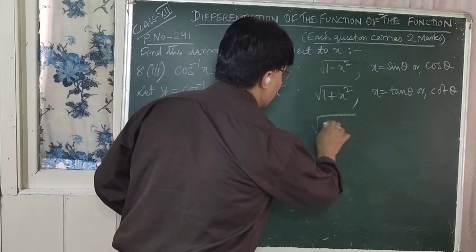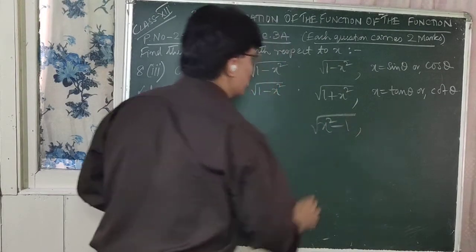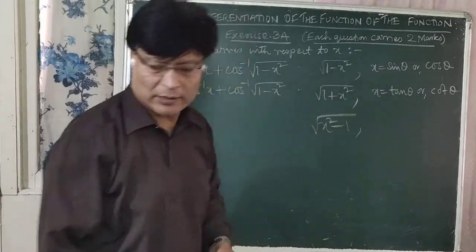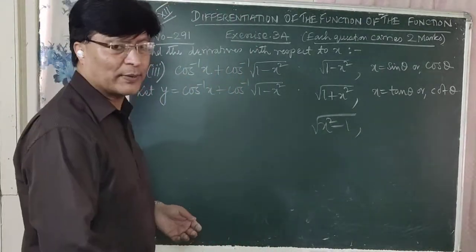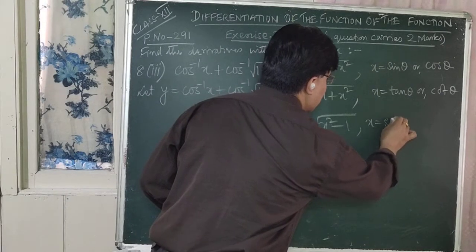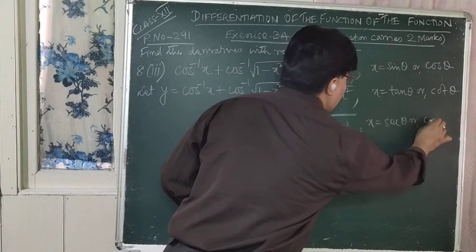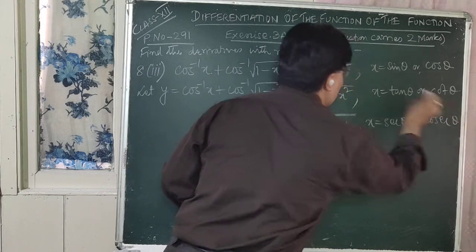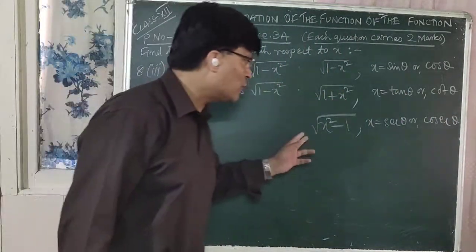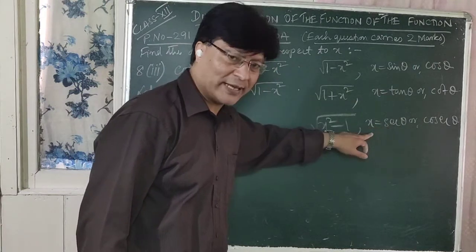You might have this expression also, x square minus 1. So what should be the trigonometric substitution here if it is root under x square minus 1? Either you can put x is equal to sec theta or you can put cosec theta. Why are we substituting sec theta for x here?